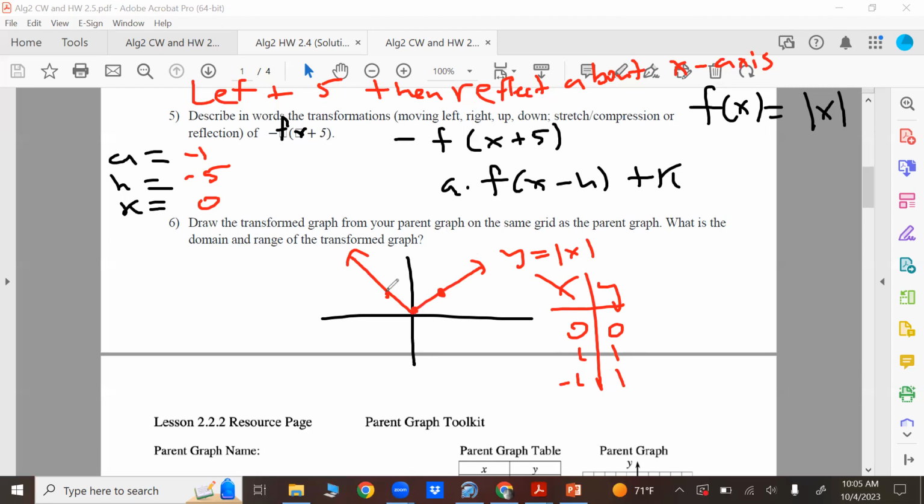Right, we know this. Okay, now the transformed graph is going to look like this. We'll do it in dark blue. y equals negative absolute value of x plus 5.